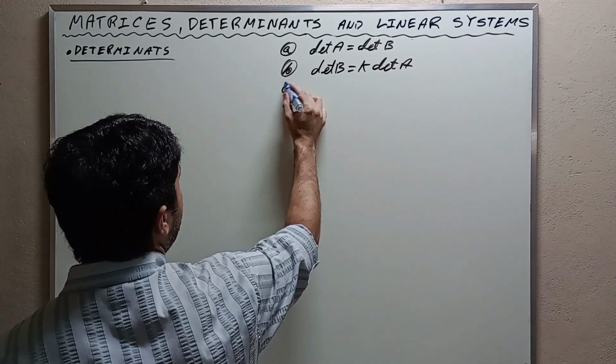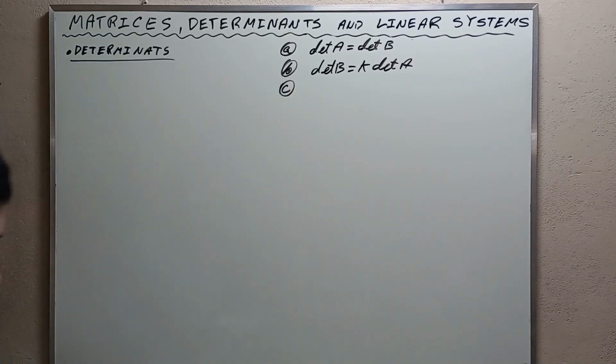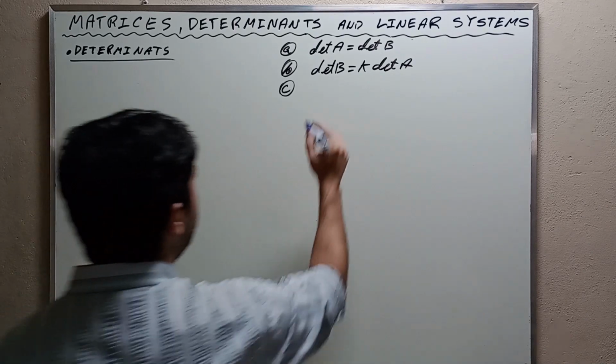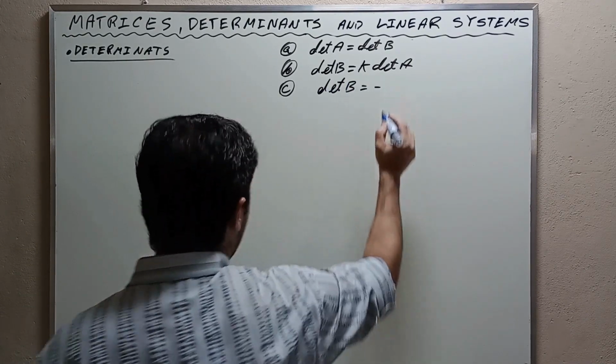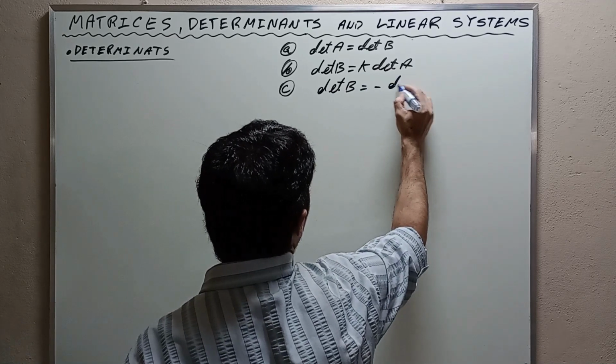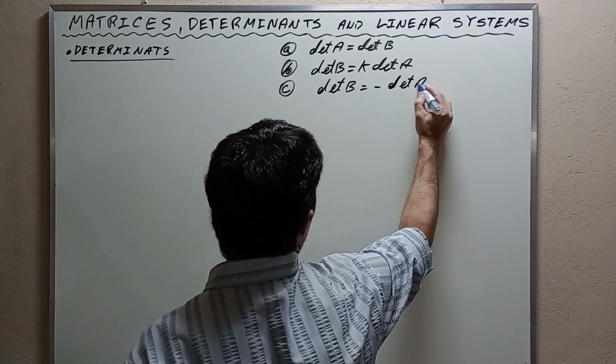Third property, letter C, if two rows of A are swapped to produce another matrix, and we are calling it matrix B, then the determinant of B is equal to the negative of the determinant of A, okay?